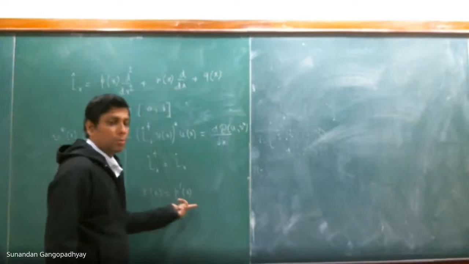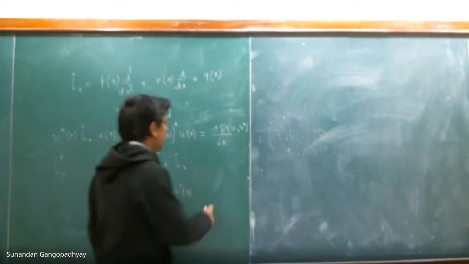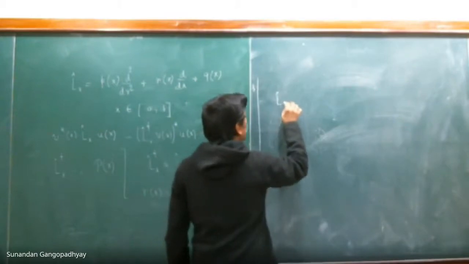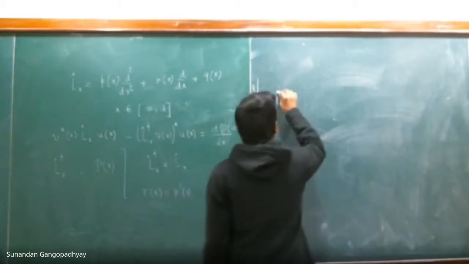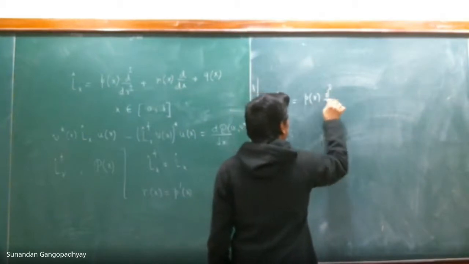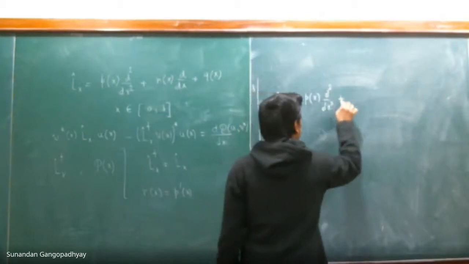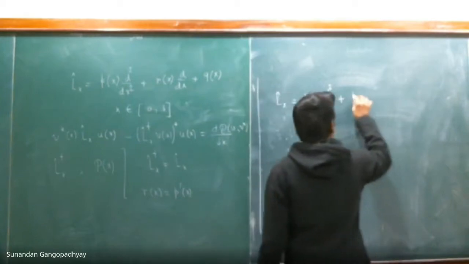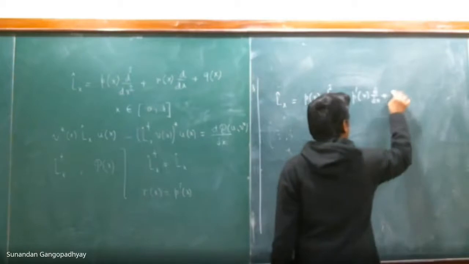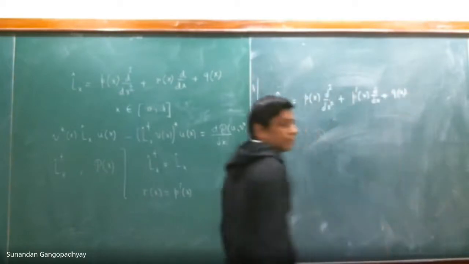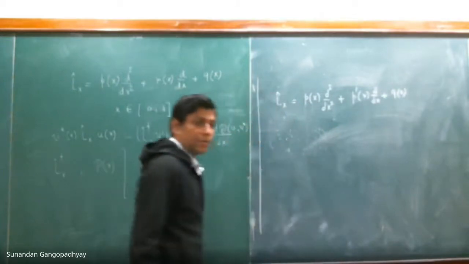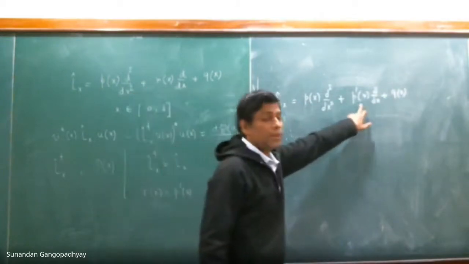From there you can now write down what L hat x should be. L hat x is therefore p(x) d²/dx² + r(x), which is p prime(x), d/dx + q(x). Because this operator is now symmetric, the function r(x) should be equal to p prime(x).